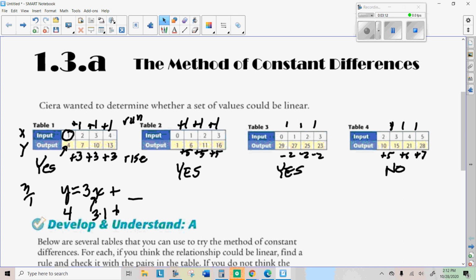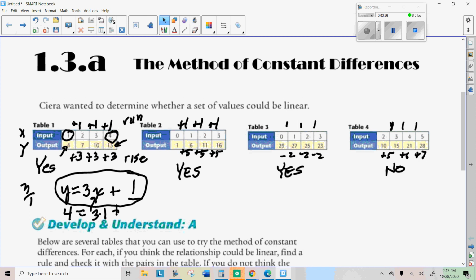That's what y is. And so that would be just adding 1 to the output. Now, I'll show you another way to do it. On the second table, it's a little bit easier. So there's your rule, 3x plus 1. And that'll work for anything on here. If you take 3 times 4, that's 12, plus 1 is 13. That gives you the output, y.